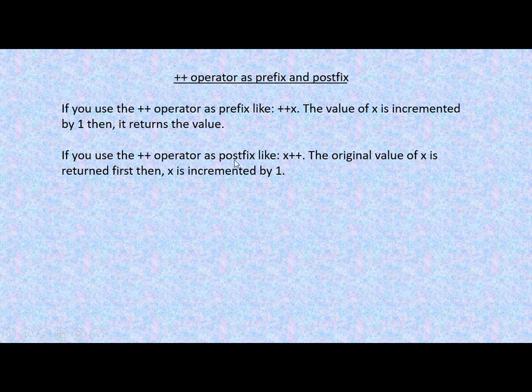Similarly, if you use postfix, first the original value of x will be returned, and then x is incremented by 1. Means if a postfix expression is used in an expression, first the original value of x will be returned, and only then it will be incremented by 1.